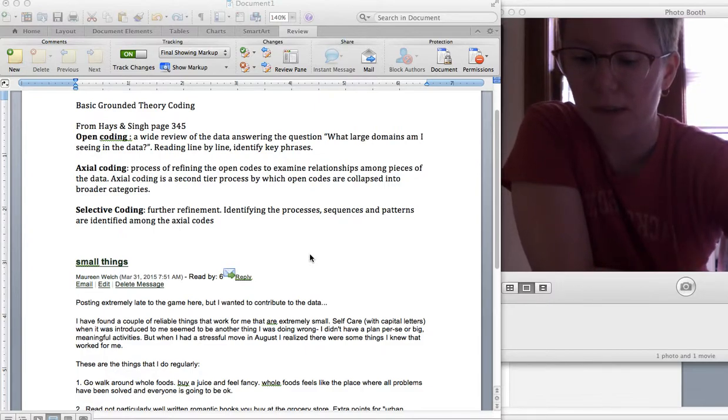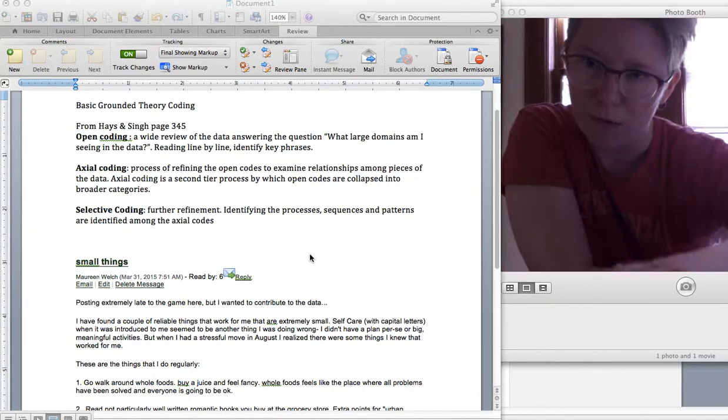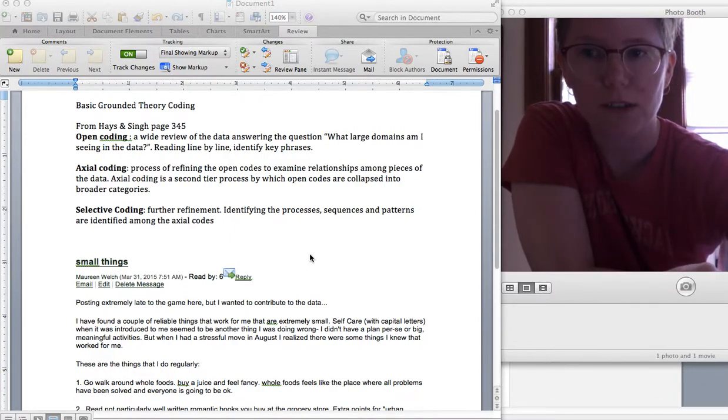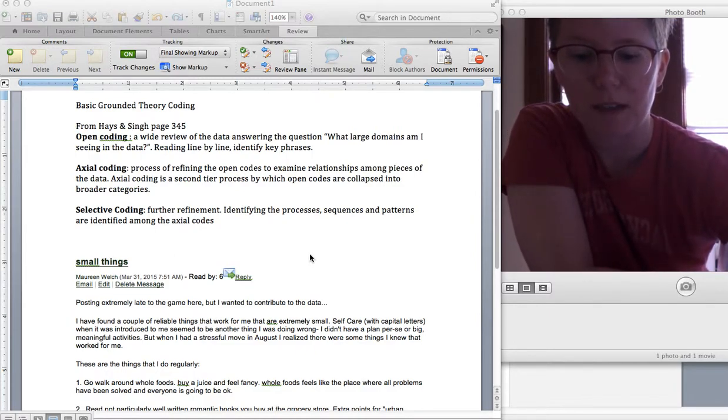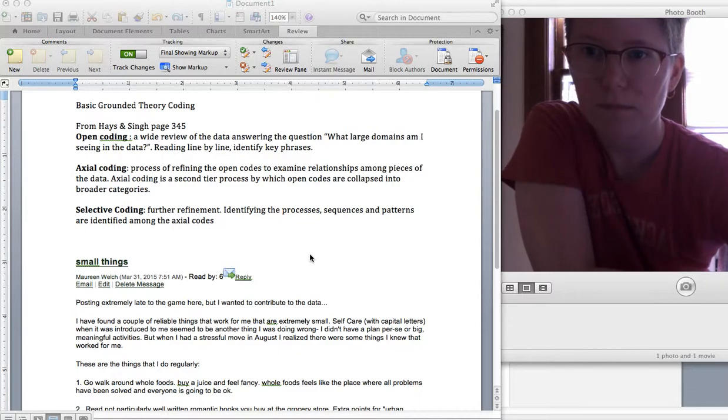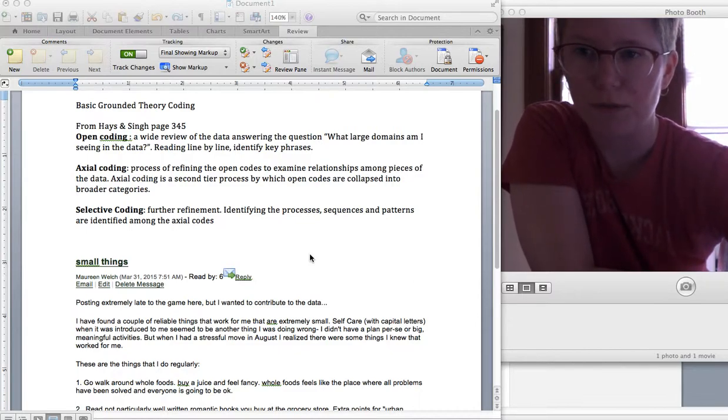So for me, what this looks like is reading the whole thing several times and then reading it line by line, and that's when I start to really insert myself into the document. I use the Microsoft Word comment function, and I think that's what Steph did as well in her example. So we would do that, and I'll show you a little bit about that in a minute.